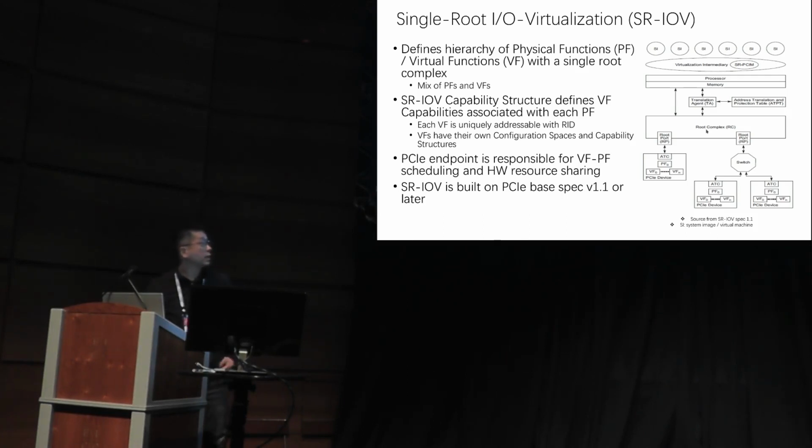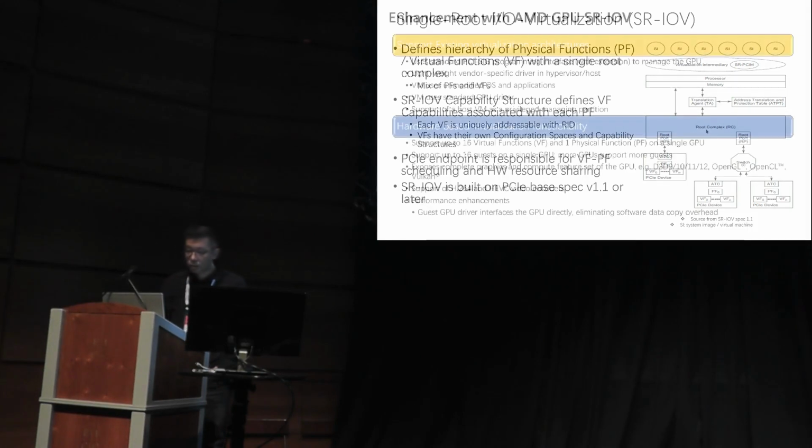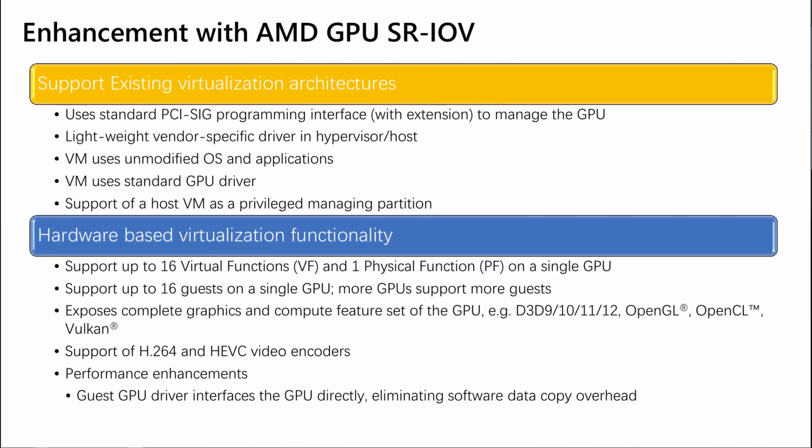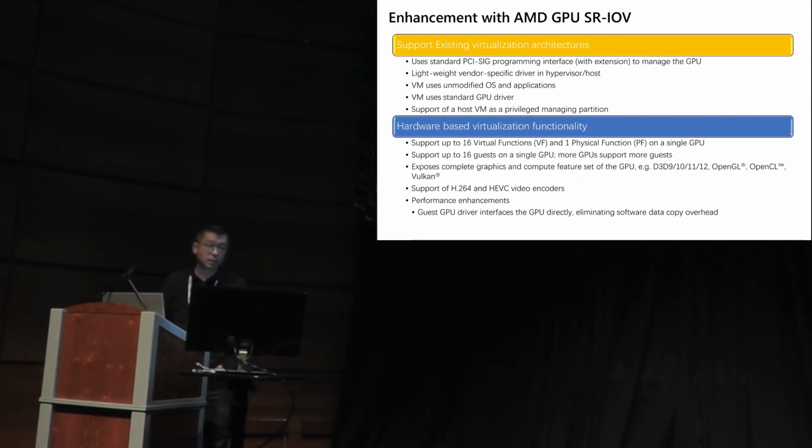The endpoint is that we have devices that connect to the root port, or connect to the root port through bridges. For each function, you enable SR-IOV with a PF function and multiple VF functions on the bus. With SR-IOV, we have some advantages over the solutions that use the PCI standard. The lightweight vendor-specific driver that Xiao just mentioned is the driver that we run in the host.